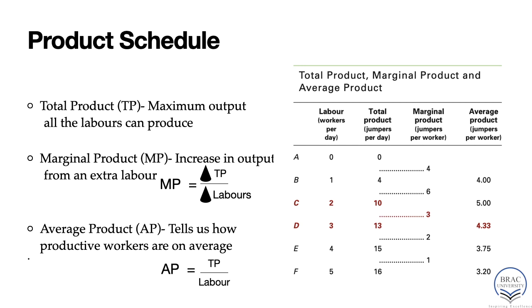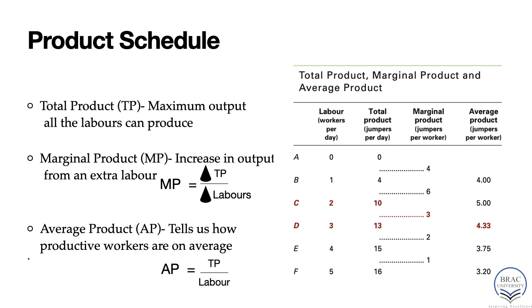But wait, today we learn about marginal product, and this will teach you something new. You see, the marginal product tells us how much total product increases when employment or labor increases by 1 unit. So basically, that is how much jumper one additional labor can produce.